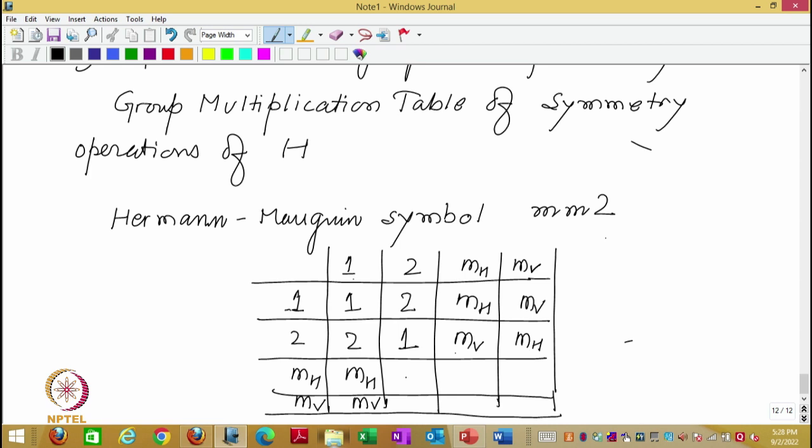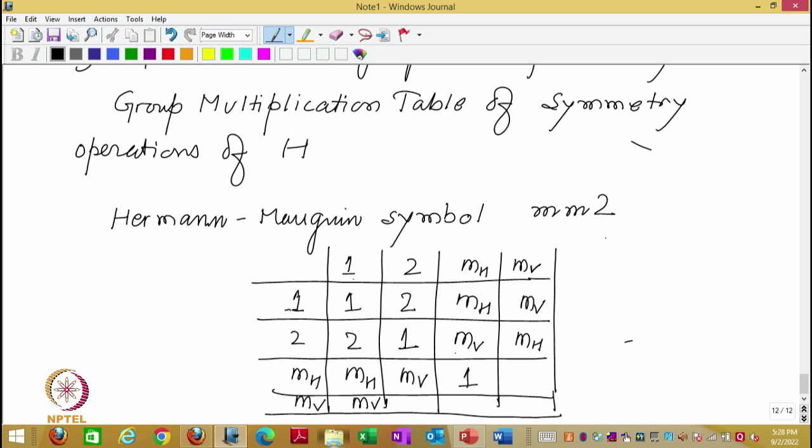MH into 2, MV, MH into MH, 1. Reflection is its own inverse. This is a strange group, interesting group, where each element is a self inverse. Do not think that this is a common property, that elements are their inverses.